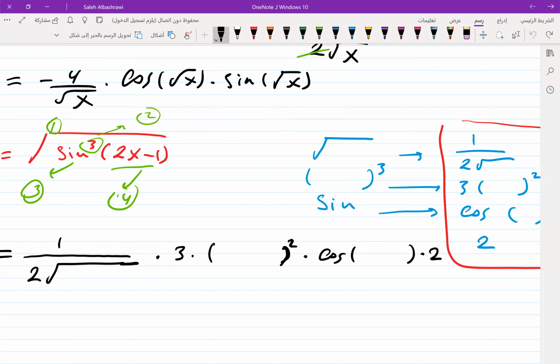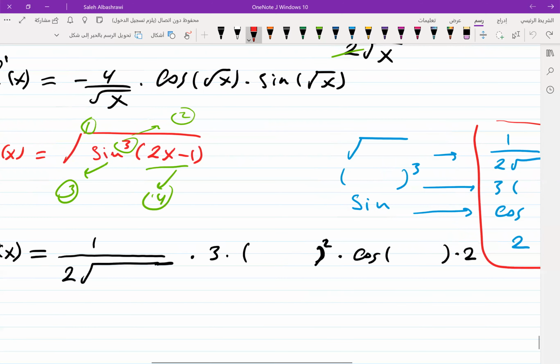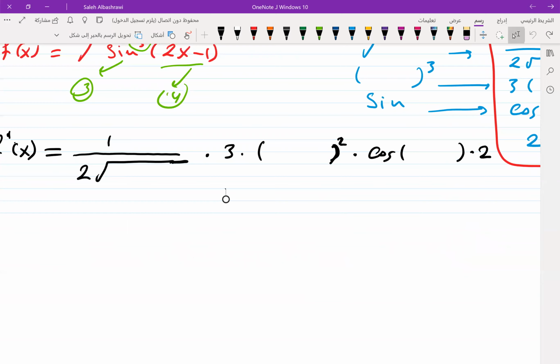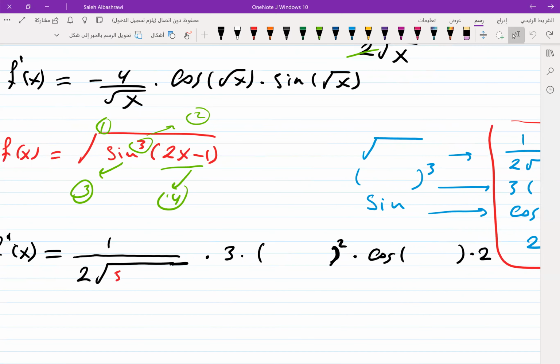Now let's fill the blanks. Inside square root, we must have sine to power 3 of 2x minus 1. Because what we did, we opened only the first box. So the second function will remain there inside.